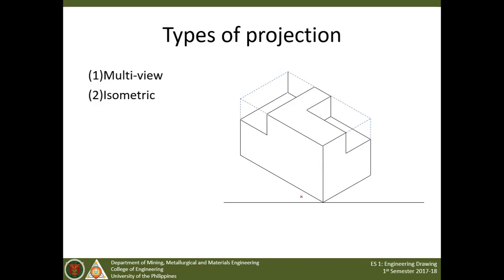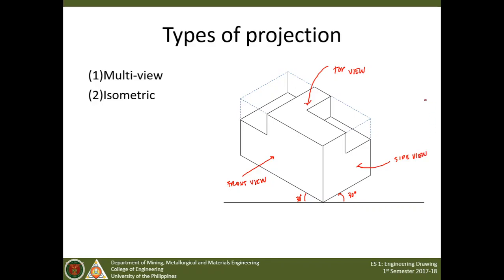This is done by creating a 30-degree angle right here, and if we relate it to the multi-view, this will be the front view, this is the top view, and this is your side view.